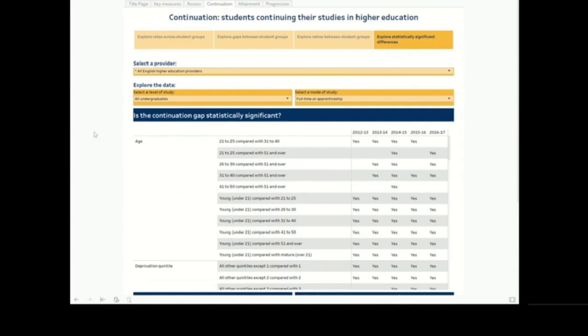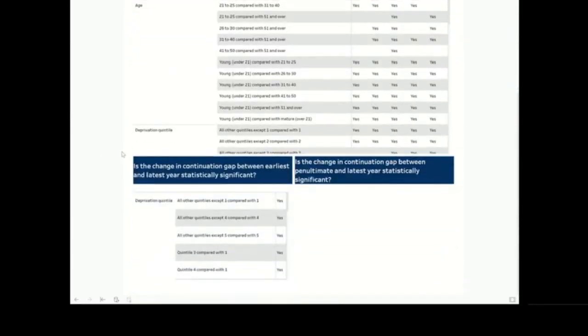The tables shown below summarize all of the cases of statistical significance for the data that has been selected. The table at the top summarizes statistical significances for in-year gaps. Below this, we can see summaries for statistical significance of the change in gap across years.